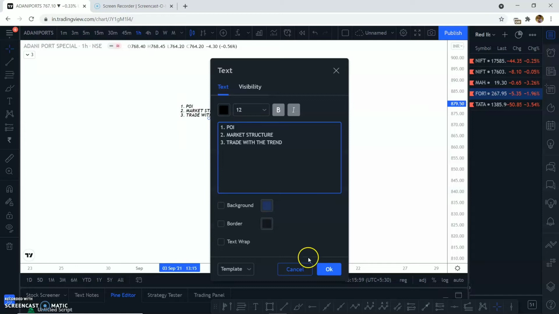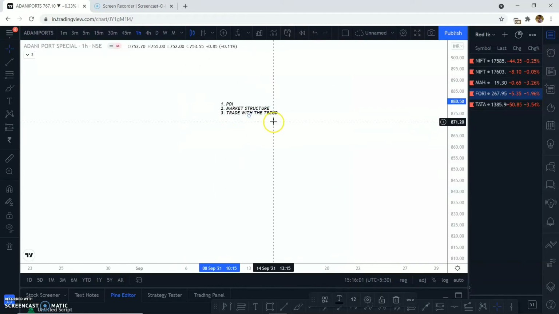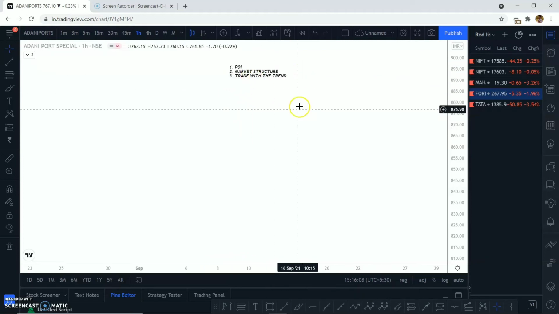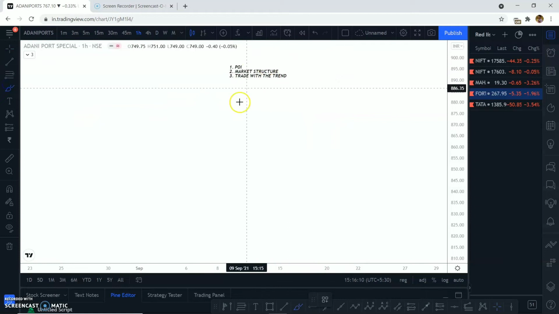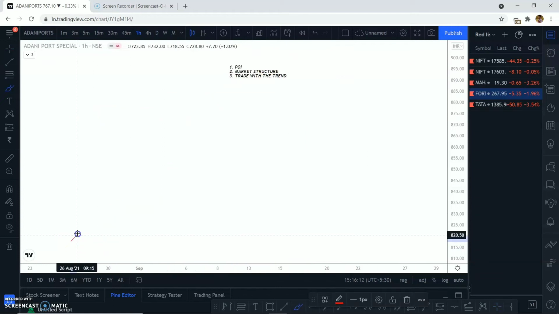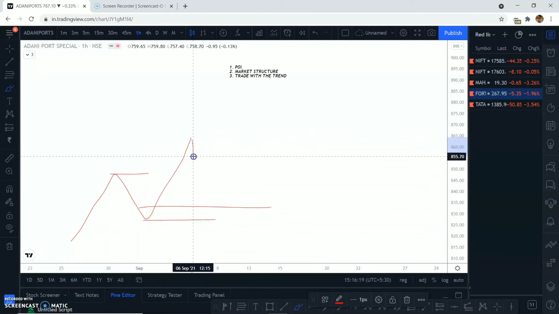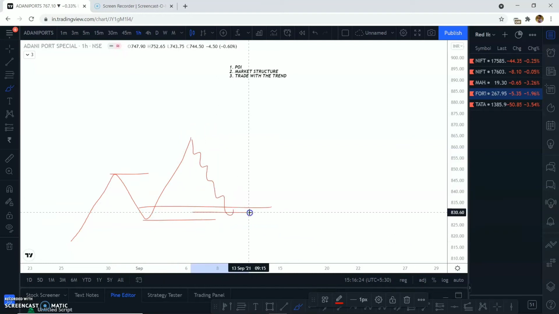Because you must have heard trend is your friend, right? That's the first thing we hear as soon as we enter the market. Point of interest is very important. Market structure is very important. Trade with the trend. All right. So how am I supposed to do this? First of all, let's say the prices move higher, creates a new high, right? So we know that this is an area where, when the prices are coming back for a pullback, I will be looking for my trades, and this is your point of interest where you will try to identify Wyckoff.